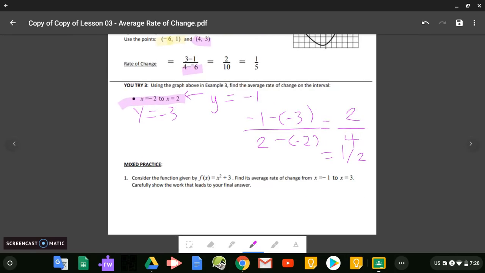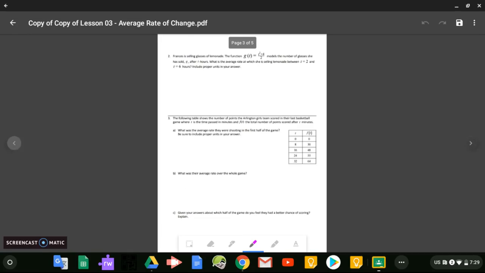I'm going to go over number 1 with you in the mixed practice, and then for the remainder of the period, you're going to work on the other mixed practice problems. After you complete the mixed practice, you can go up to the sub and show them your work and make sure your answers agree with the ones I'm leaving with the sub. Once you check those, you can grab your homework.